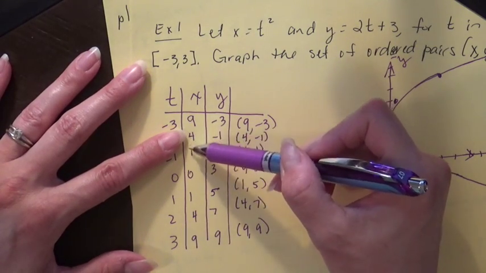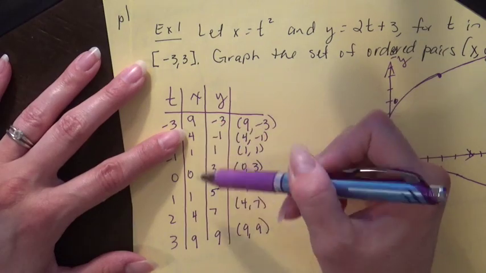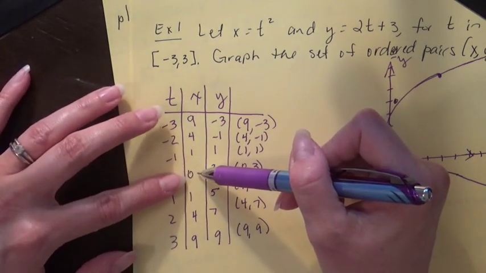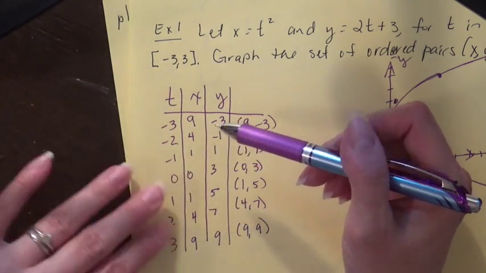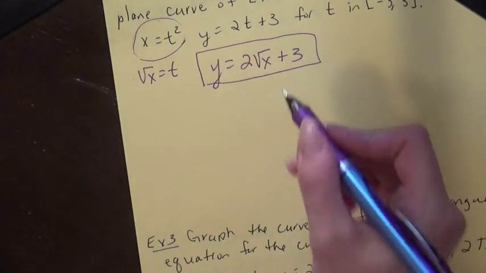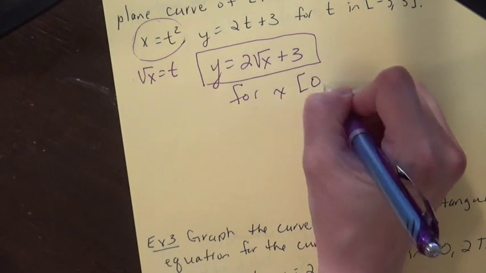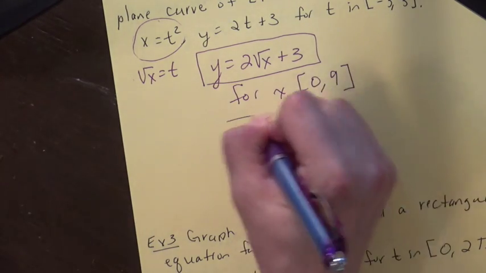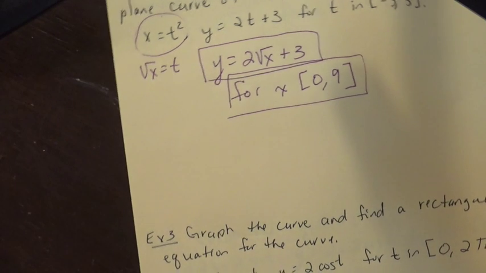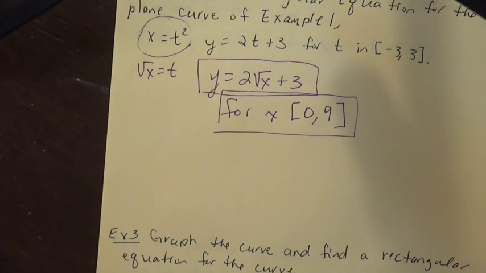It would also include numbers in between these, but it's not going to go any higher than 9, and it's not going to go any lower than 0. So we would say that this is defined for x in the interval 0, 9. Those values came directly from our table of values in example 1 where we graphed it.